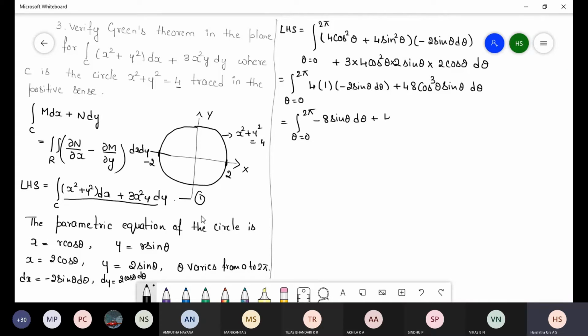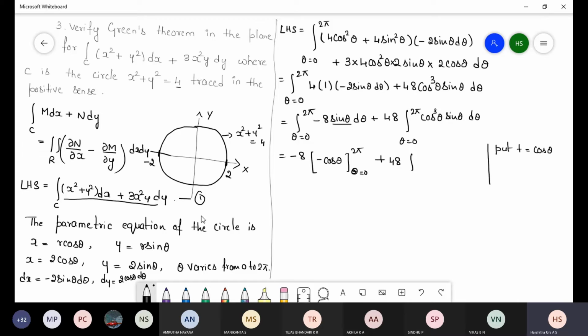Here I break the integral individually: the integral from 0 to 2 pi of cos cube theta sin theta d theta, and here minus 8 I will write outside. The integration of sin theta is minus cos theta, with limits theta from 0 to 2 pi, plus 48 into the other integral. Here I put t is equal to cos theta, so dt is equal to minus sin theta d theta, the differentiation of cos theta.